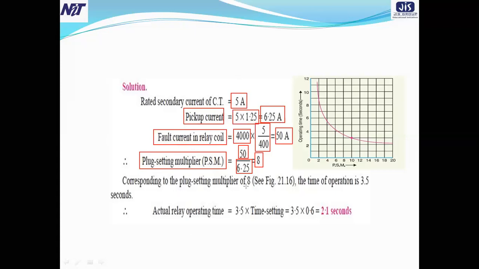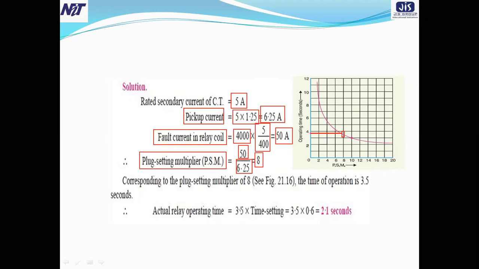Corresponding to the plug setting multiplier of 8, the time of operation is 3.5 seconds, as we see from the curve.